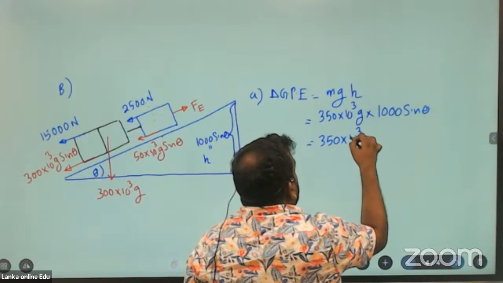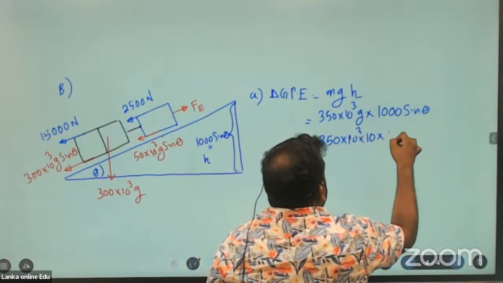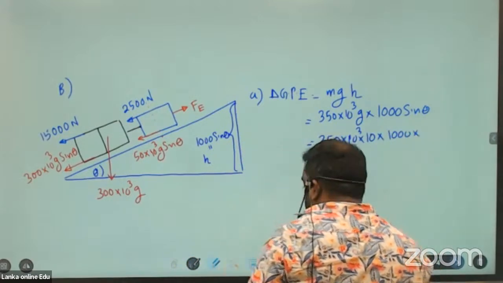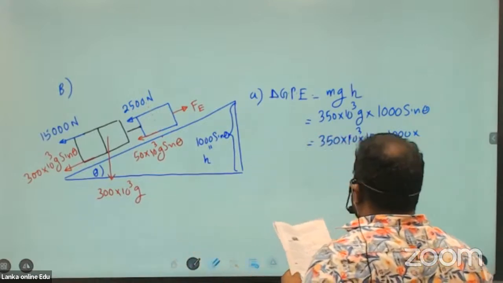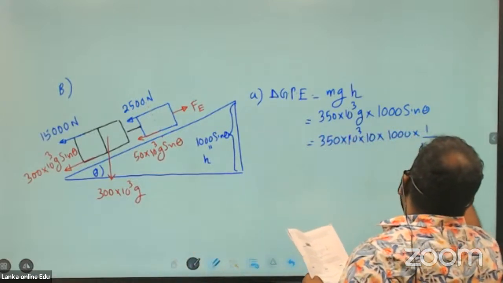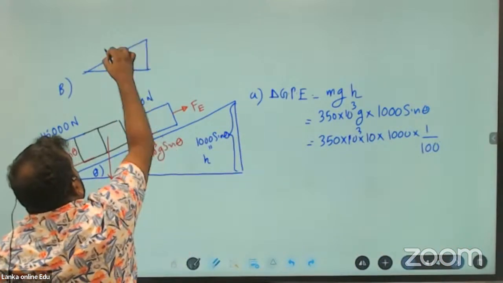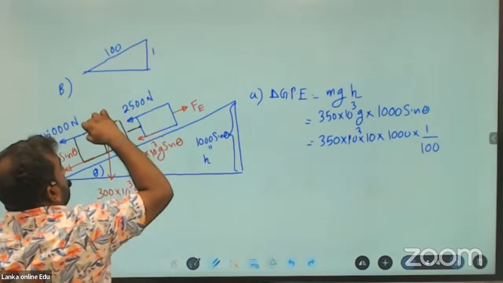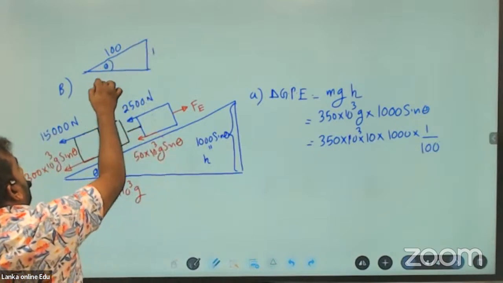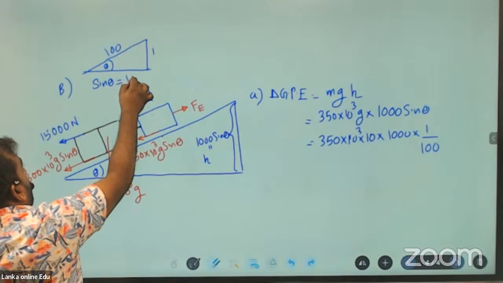350 × 10^3 g is 10. 1000 sin θ is already given. Sine theta is opposite over hypotenuse. They have told you, if I travel 100, the height changes by 1. So sin θ is 1 over 100.